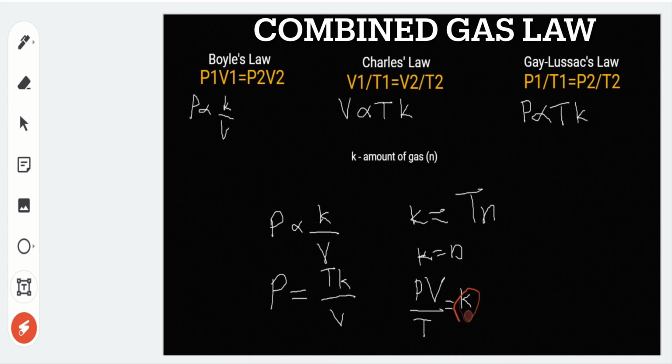This remains constant. So let's have this as our initial pressure, initial volume, and initial temperature. And again, if there will be a change, it's the same also. We have our final pressure of a gas, final volume of gas over the final temperature of gas.